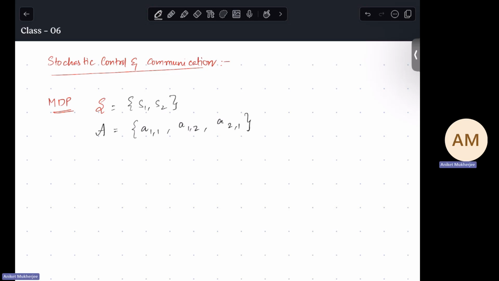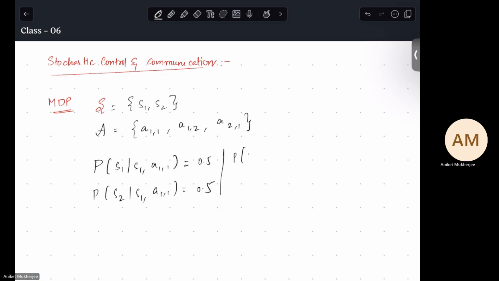Now there were transition probabilities. If you are in state one and you take action A11, then you end up at state S1 with probability 0.5. Similarly, if you are in state one and you take action A11, then you end up in state S2 with probability 0.8.